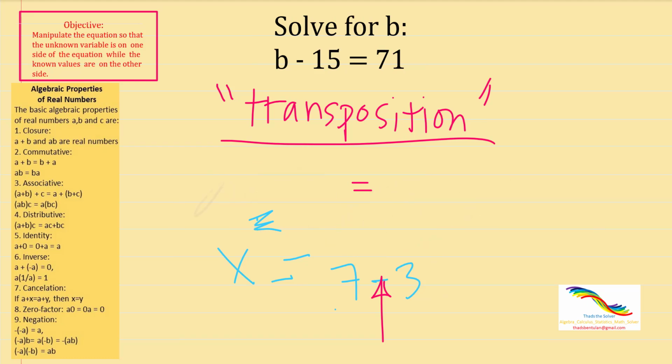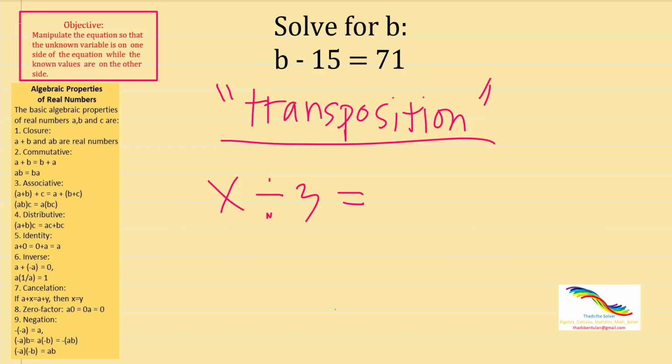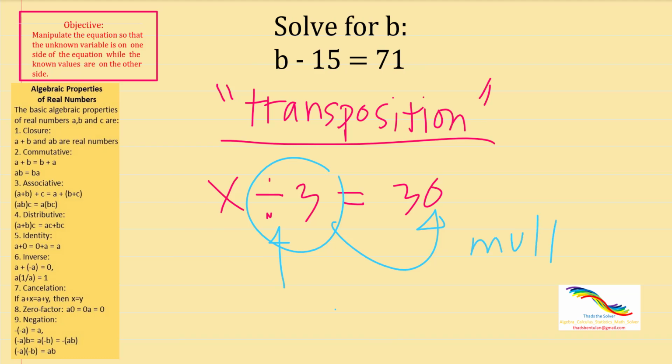I hope I just have to do this once and you will be proficient with it. So for example, x divided by 3 equals 30. So you want to transpose the 3 to the other side of the equation. Since this is a division, then you will do here a multiplication.